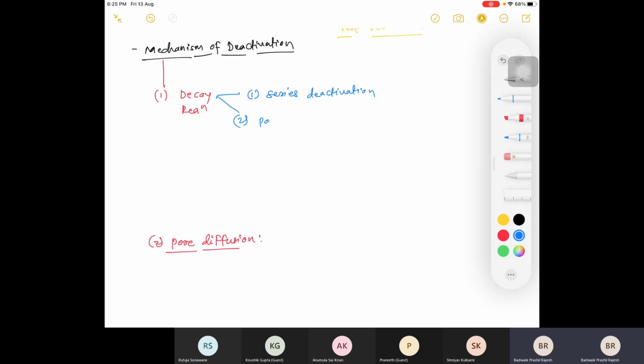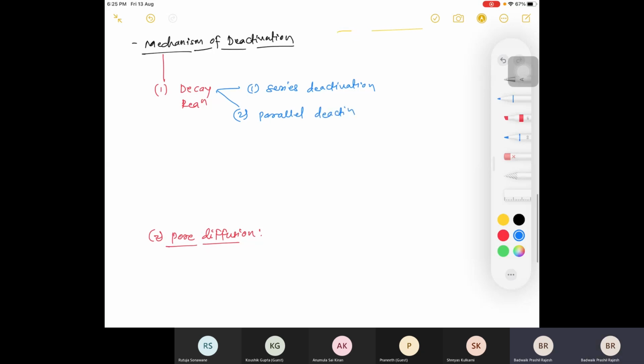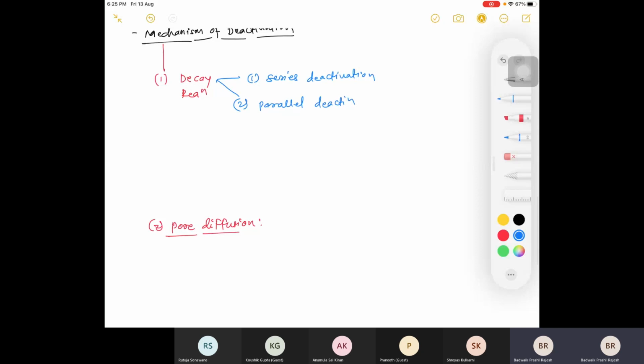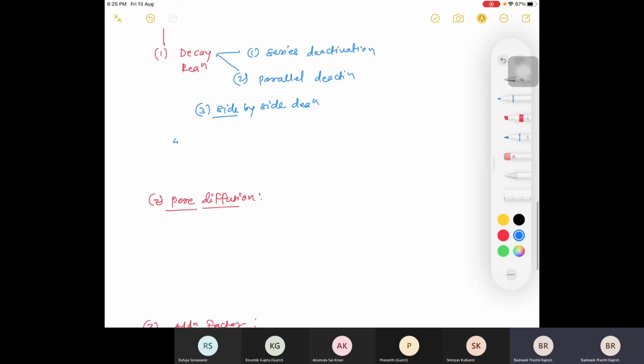Second is parallel deactivation. Then side by side deactivation. And fourth one is independent deactivation. If you want to read in detail about this, you can refer to Octave Levenspiel's book.